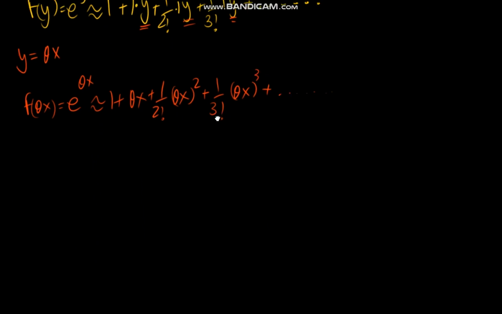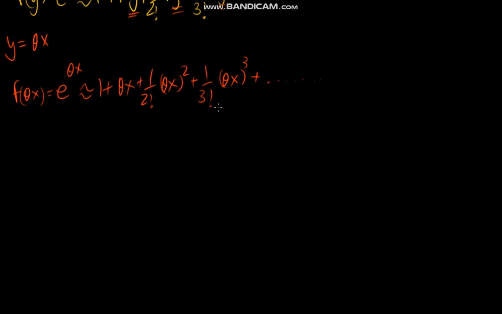Now let's talk about what we really came here for: the moment generating function. The moment generating function of our variable x is defined as the expectation of e to the theta x.